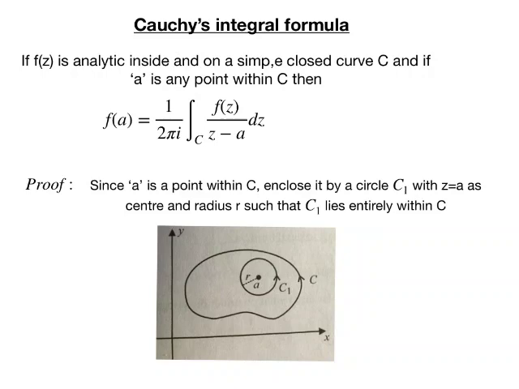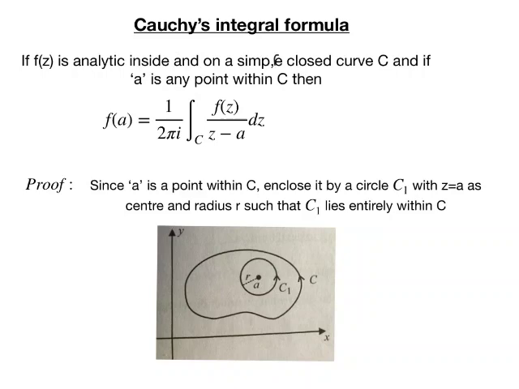It says that if f of z is analytic inside and on a simple closed curve, and if a, now I stress the word if, a is any point within C, then f of a is equal to 1 upon 2 pi i integral C f of z upon z minus a dz.